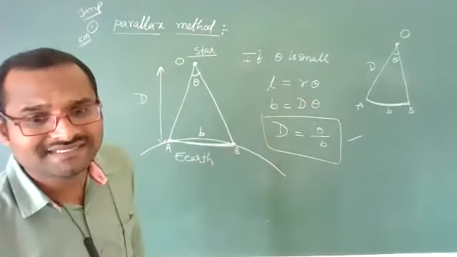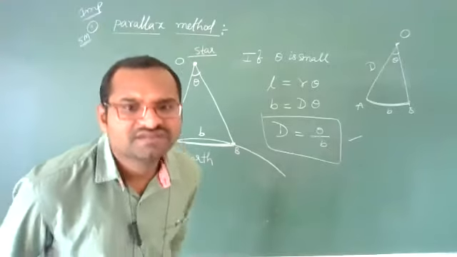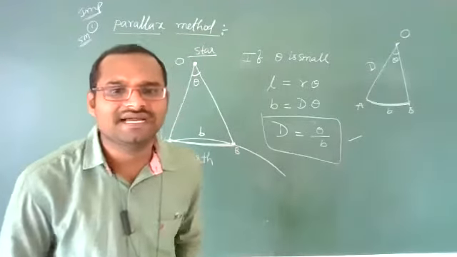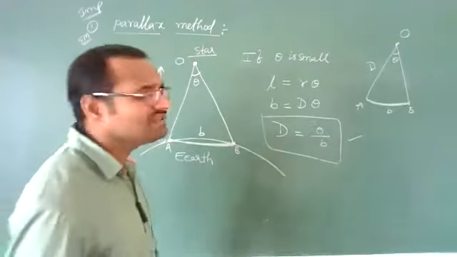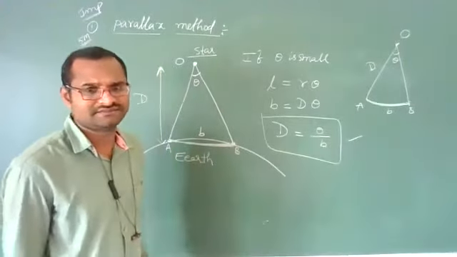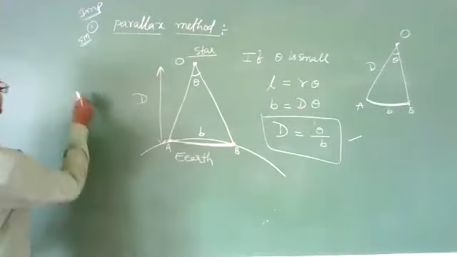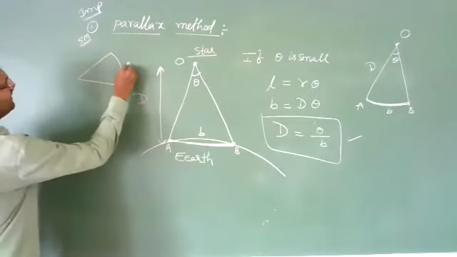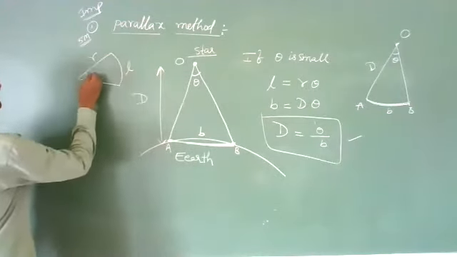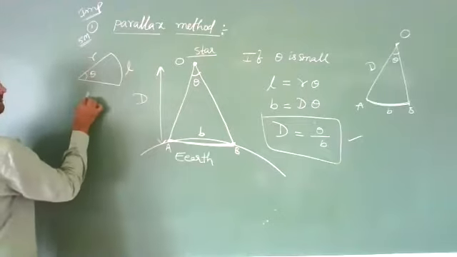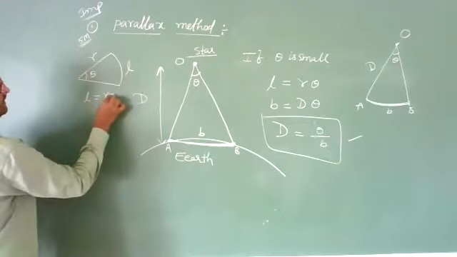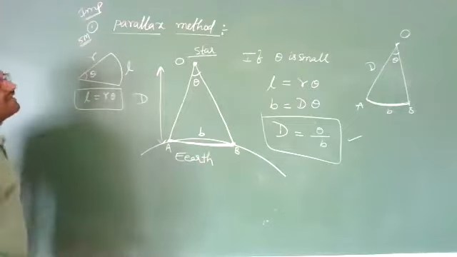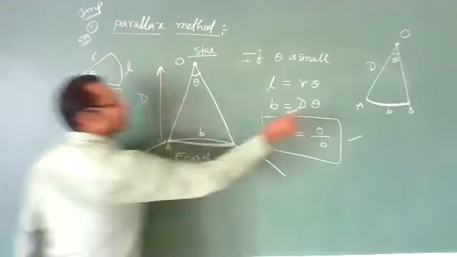Clear? I hope you understand this. Yes, L is equal to R theta. For an arc of length L and radius R, with angle theta, it can be written as L is equal to R theta. Yes or no? Yes, we can write. This is similar to this one.